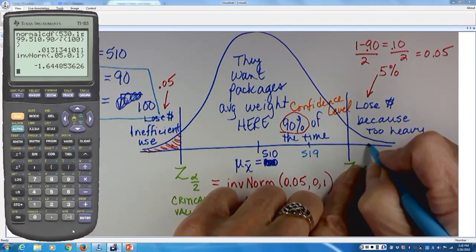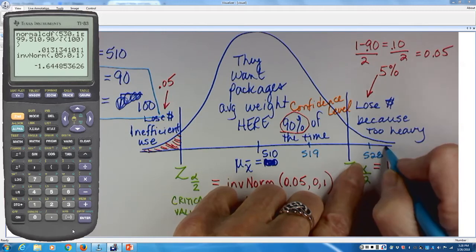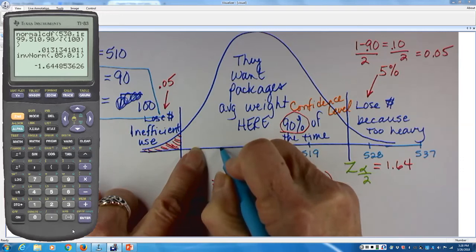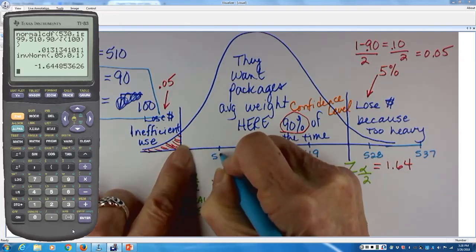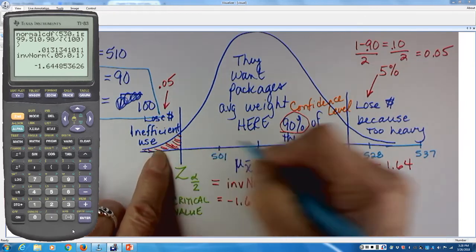And this is going to be 528, and then on up here, 3 standard errors away is going to be 537. And then down here, 510 minus 9 will be 501. And 501 minus 9 will be 492.